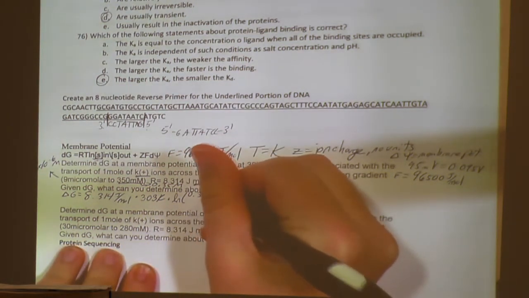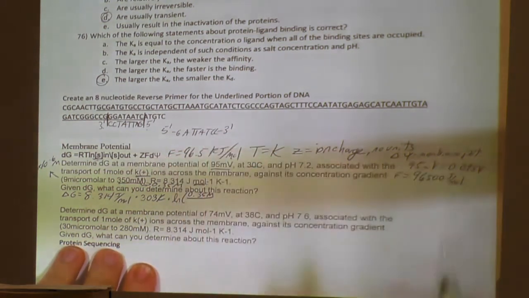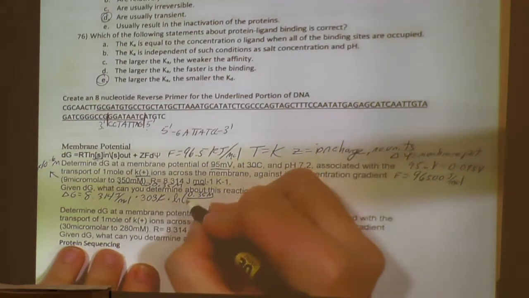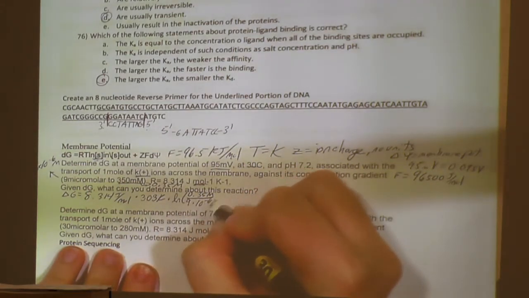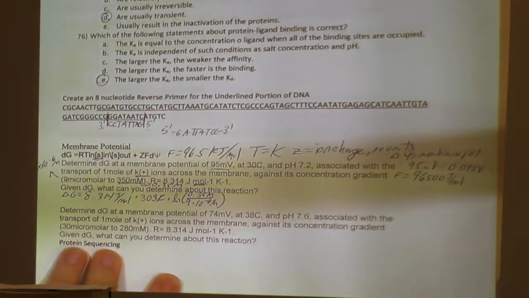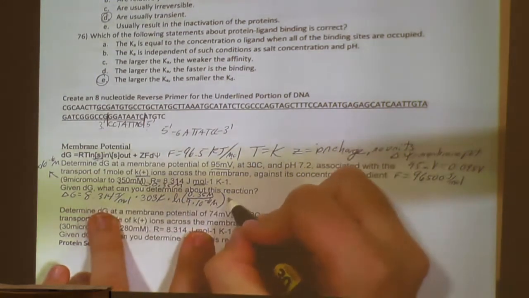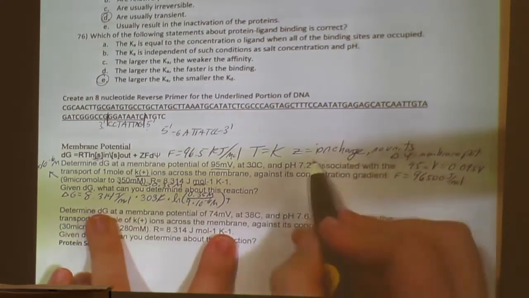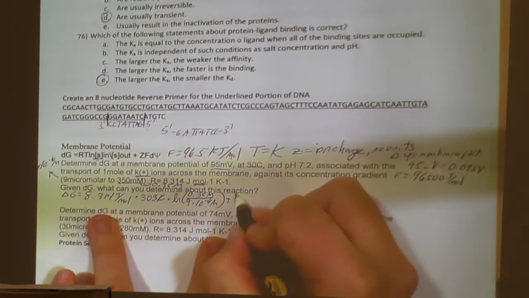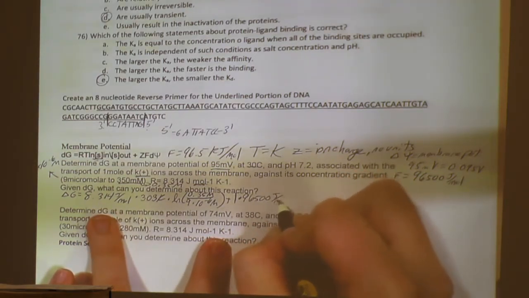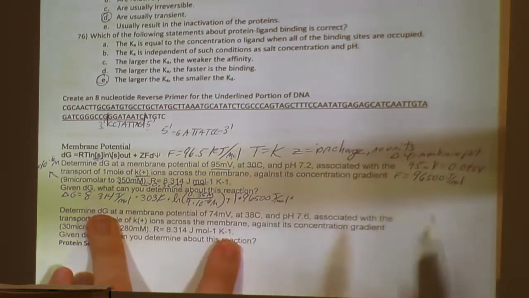It's within the cell. So then you would divide it by 9 times 10 to the negative 6 molar. And then you would add your Z, which we figured out was 1, times your Faraday's, times your membrane potential.